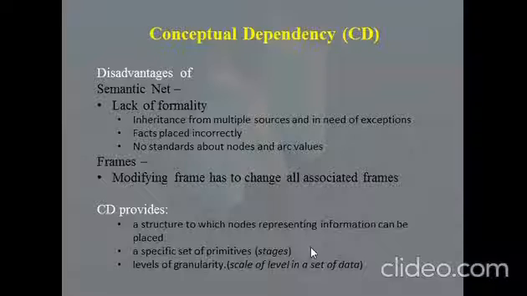So we will be using some primitives for CD representation, and if we are having some values, they will be having different levels from main object value to the granular level.